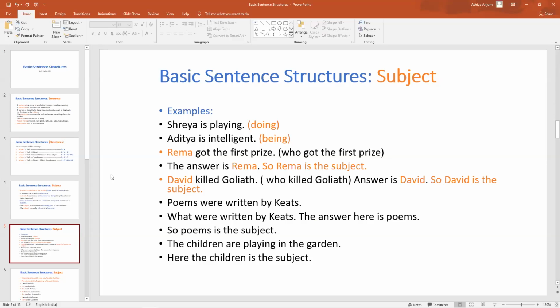In the garden is the adjunct or a prepositional phrase there. You remember, you have prepositions giving you the connection, the link between two objects or two nouns. All right. So where are the children? They are in the garden. That is the prepositional phrase. So here the children becomes your subject. Actually children, the is the attributive. So you can write the children is the subject here.